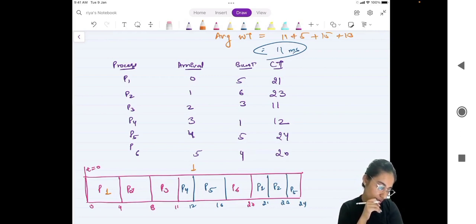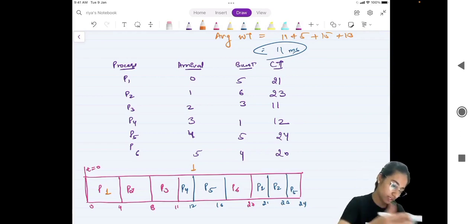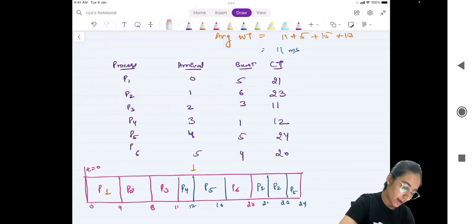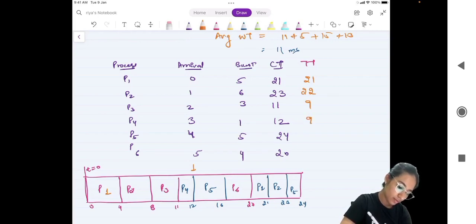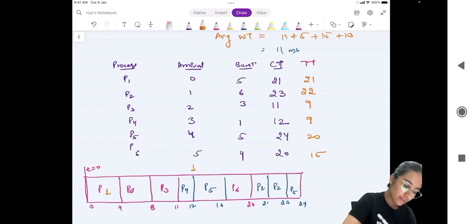For P5 we had, and then somehow this is correct, and then we have the turnaround time, which is completion time minus arrival time. So this is 21, 22, 9, 20, 50. And then we basically with this have the waiting time.